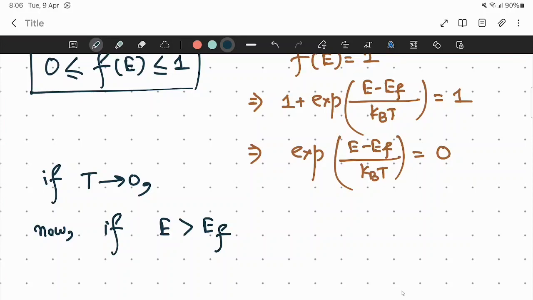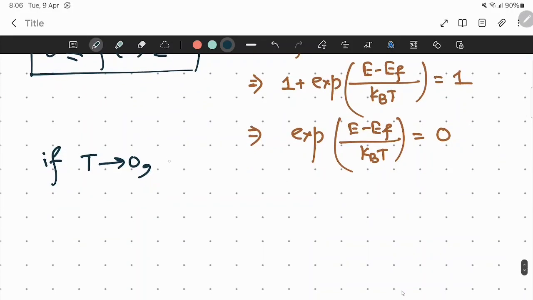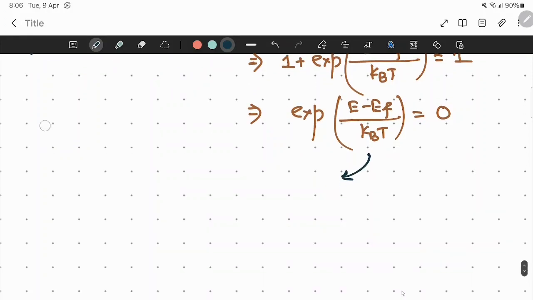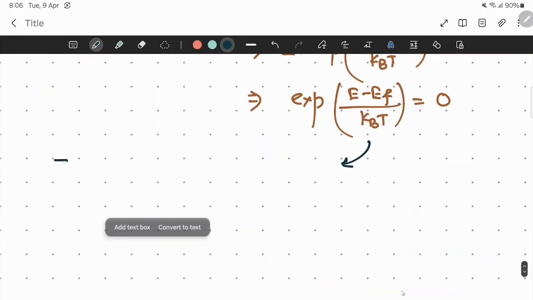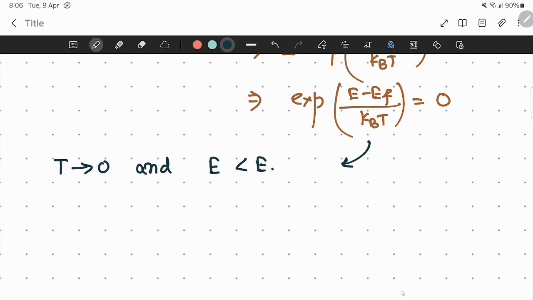So exponential of minus infinity is 0. That's why, writing: if T tends to 0 and E is less than EF, then it will be 0. This is the condition. So from here you can say when it will occur: T must tend to 0 and E must be less than EF.